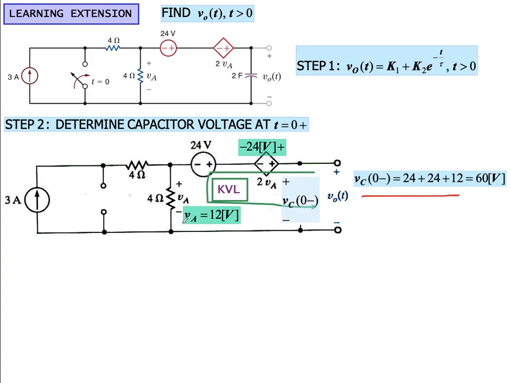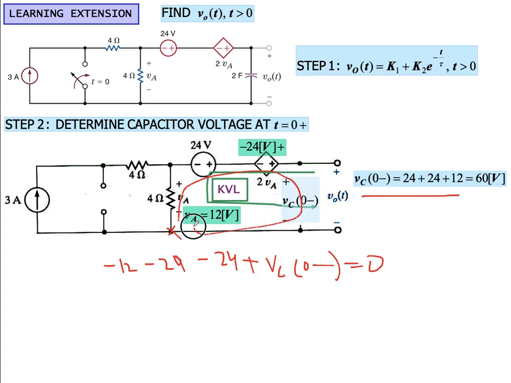If you simply apply the KVL loop, you will end up with this expression, and we can see it for ourselves as well. If we start from this point, let's say it is minus 12, then minus 24, then plus v_C(0-) is equal to 0. So this is the KVL loop that we have written down.